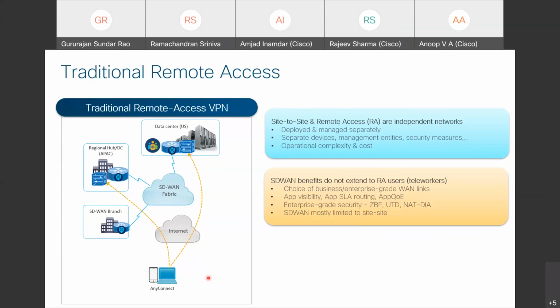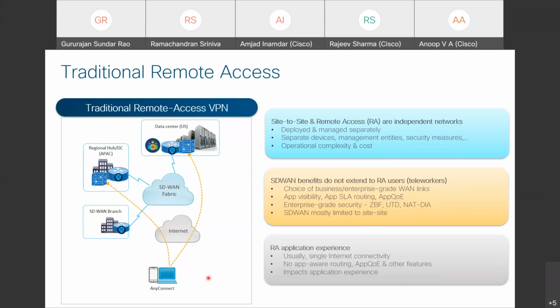He can leverage app SLA routing, WAN optimization techniques like app QoE, and gets enterprise grade security like zone-based firewall, UTD, NAT DIA, etc. So all the SD-WAN goodness is typically limited to the site, or to users sitting on-prem, not to remote access. And this would result in application quality of experience issues.